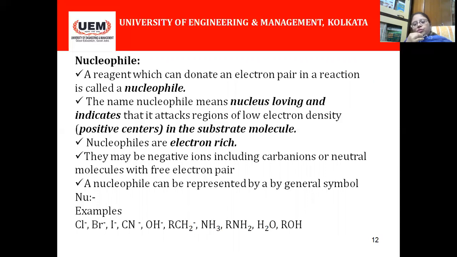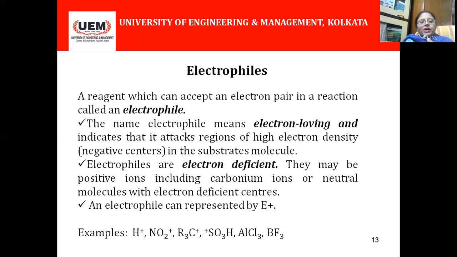Now, nucleophile, again I am discussing this. I have already told you that nucleophile is nucleus-loving species and they attack the region of low electron density, and nucleophiles are generally electron rich. They may be negative ions including carbanion or maybe neutral molecules with free electron pair. These are some examples of nucleophile, like chloride ion, bromide ion. What is electrophile?